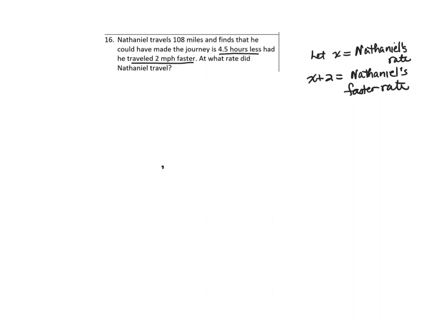Okay, so let's say we have the regular trip and the faster trip. So the distance is 108. The rates are x and x plus 2. So the time here is 108 divided by x and 108 divided by x plus 2.